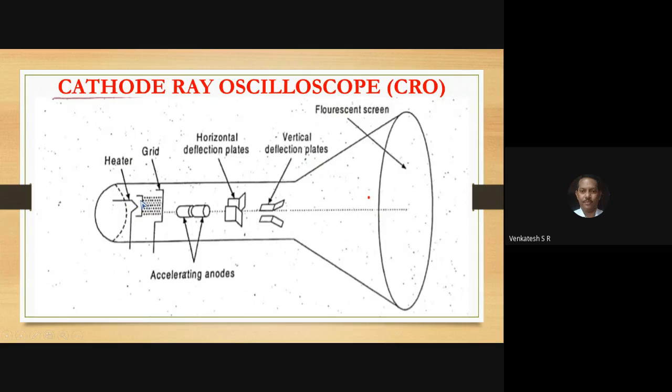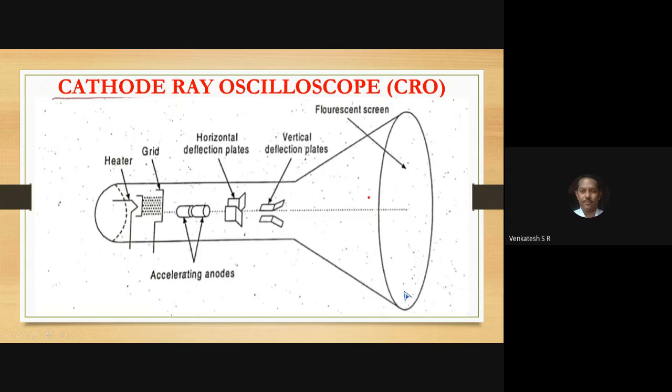The electrons are made uniform by the grid, then fall on the accelerating anodes, which accelerate them, and pass through the horizontal and vertical deflection plates. Deflections in the horizontal and vertical directions are controlled by the respective plates, and exactly at the center of the fluorescent screen, along the dotted line, you have the image.